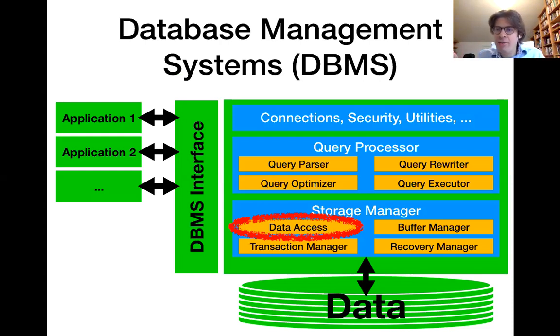So with that caveat, I would say that the data access component that I'm drawing here represents essentially all the methods that either create indexes or use indexes for data access. Also methods that don't use indexes for data access, essentially everything which is in charge of either retrieving data or writing data.